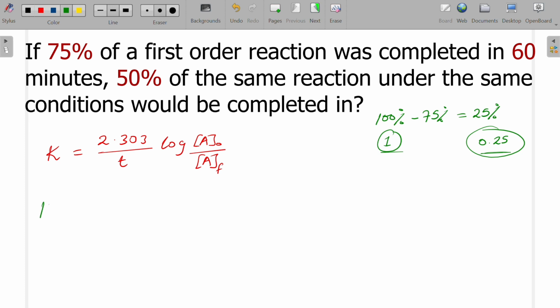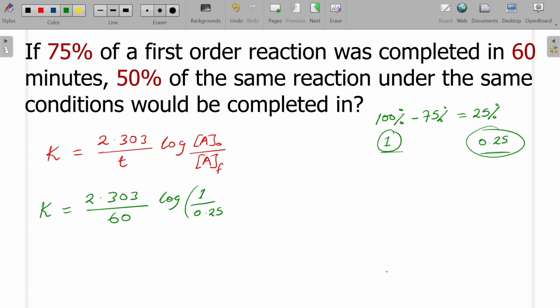We'll say our K is equal to 2.303 divided by T. Now the T for this one is given to be 60 minutes, so we'll replace 60 there, multiplied by log of the initial amount, 100% is 1, divided by what will remain, which is 0.25.